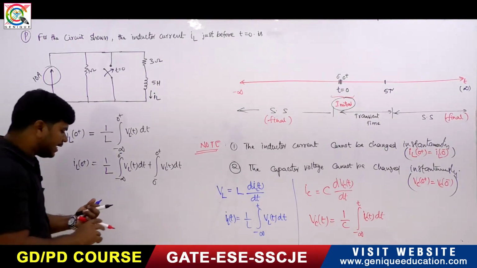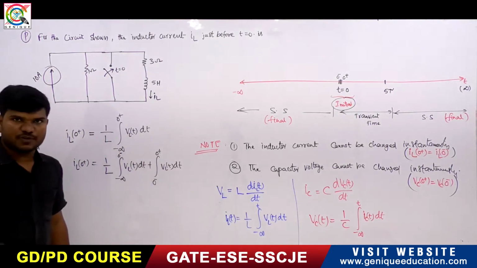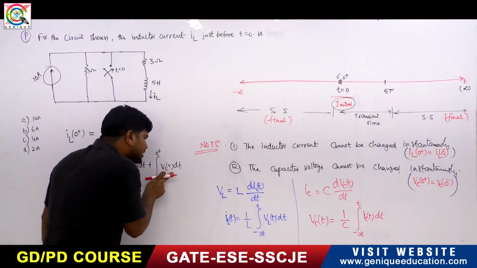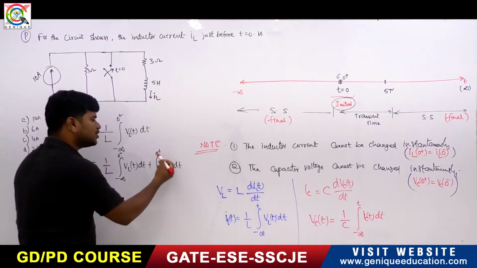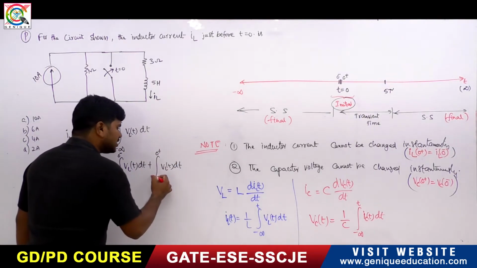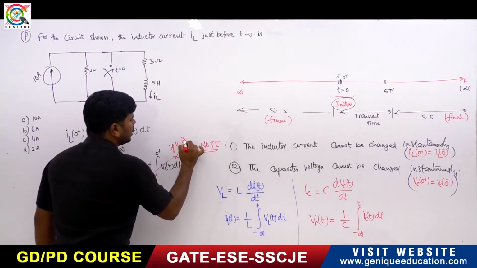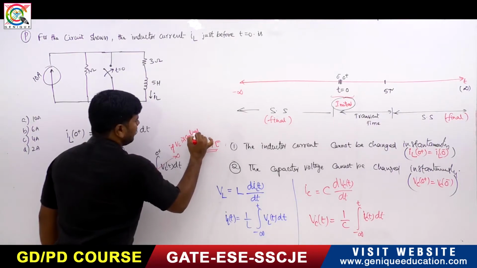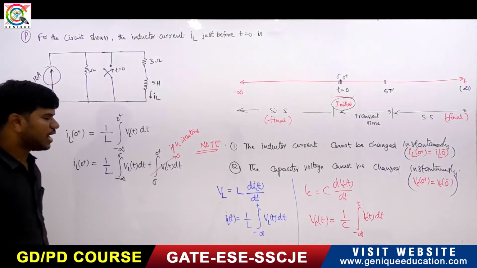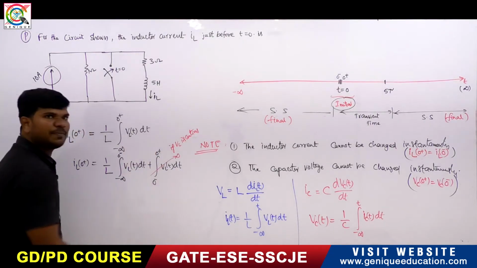If you observe this clearly, suppose VL of t is a continuous function. If VL of t is continuous, then VL of 0 plus is equal to VL of 0 minus. So this integral from 0 minus to 0 plus will become 0.